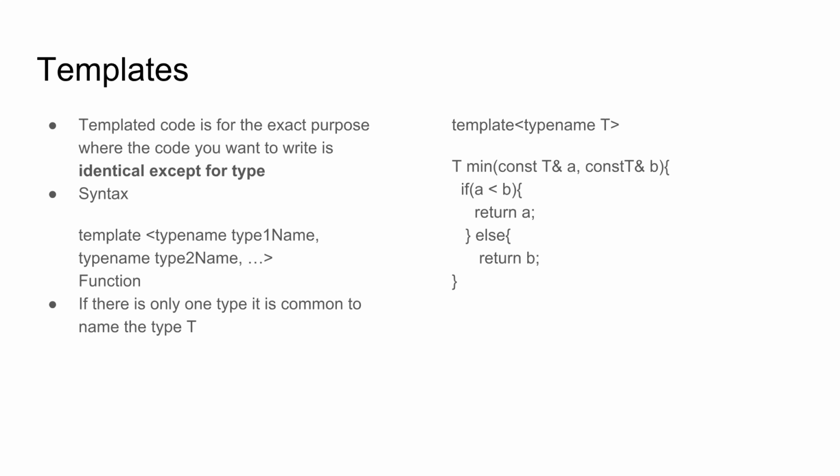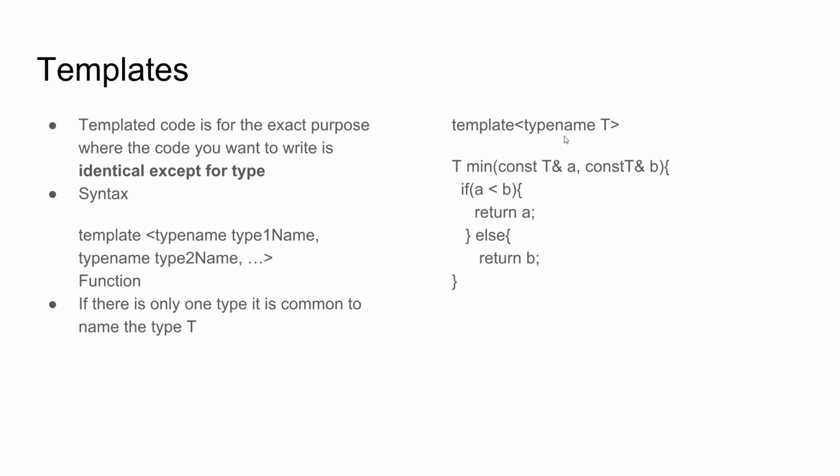Each of those different types that you want to have as stand-ins for types in the future. If there's only a single type, the convention is to use T, for T is some type, just like when you do loops, i and j are very common for indexing. So over here we'd say template type name T, and T is the stand-in for my type.